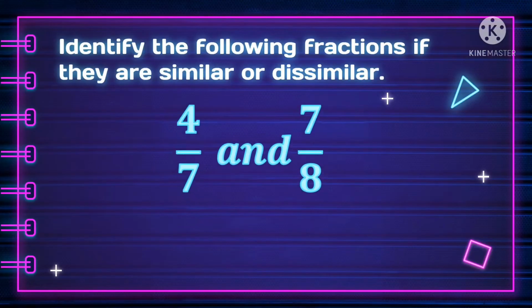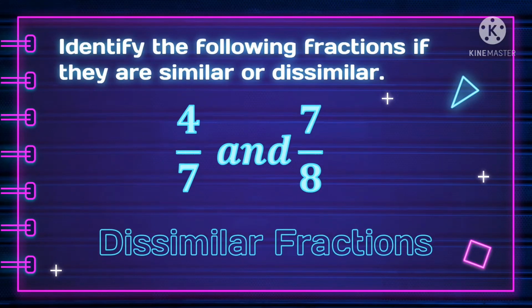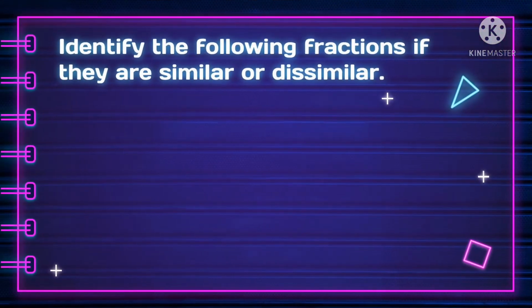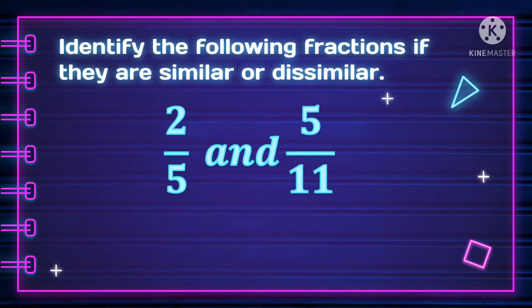Next are 4/7 and 7/8. Are these fractions similar or dissimilar? So these are dissimilar fractions because they have different denominators, which are 7 and 8. Okay, another pair of fractions are 2/5 and 5/11.